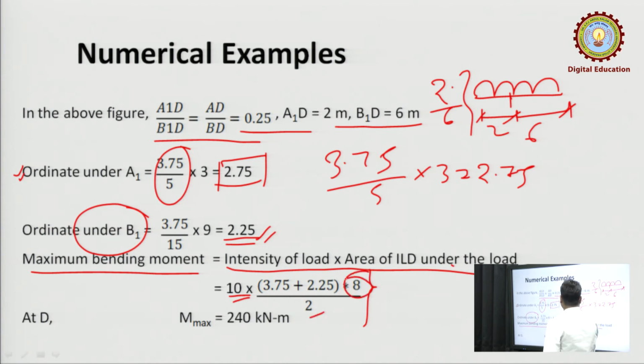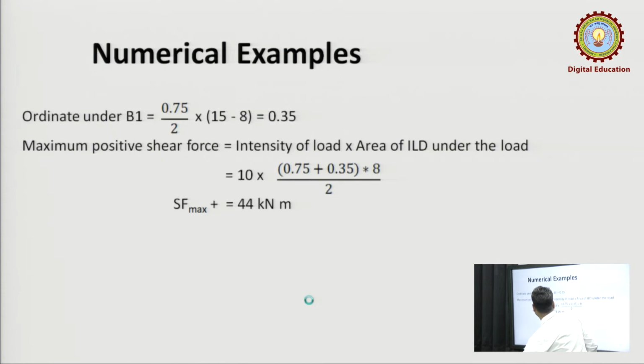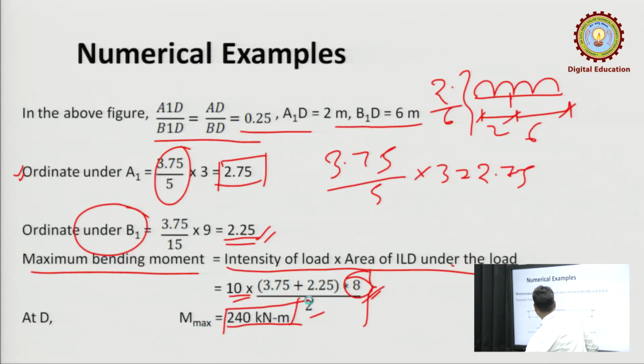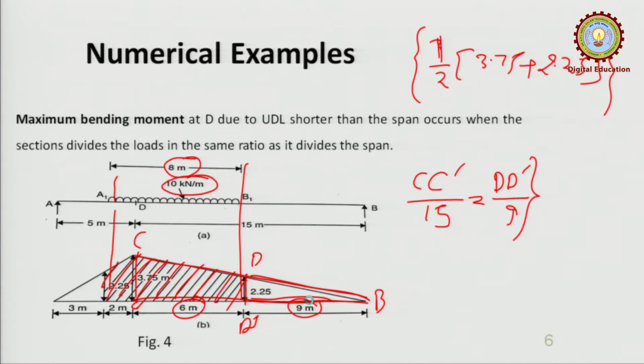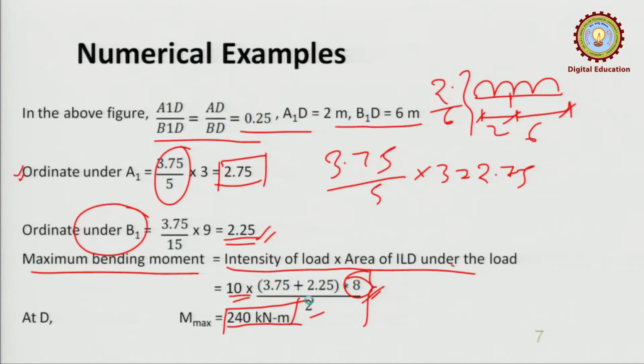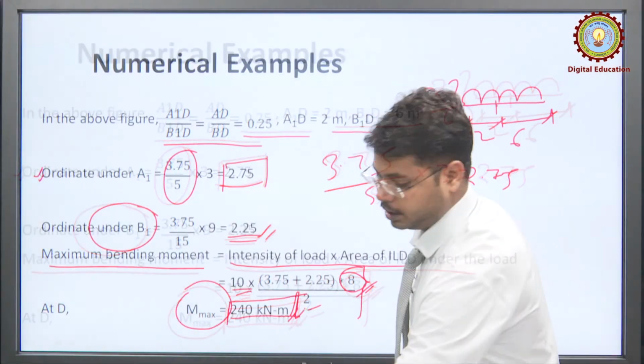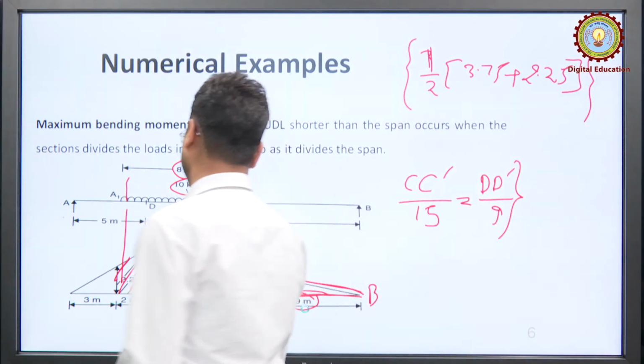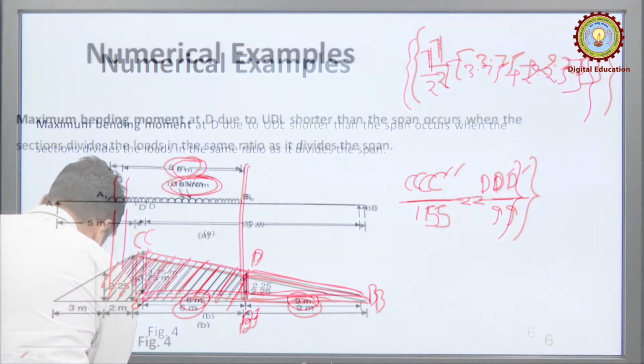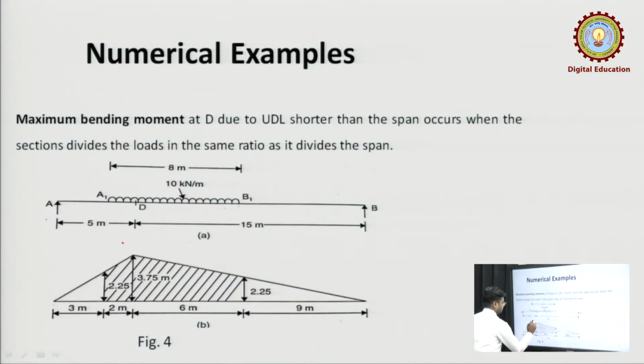With the intensity of load, after calculation you get a value of 240 kilonewton meter. So the maximum bending moment is 240 kilonewton meter. Now you can put the value here.